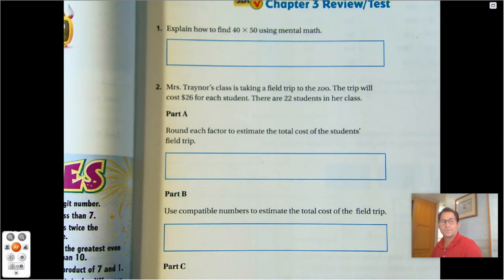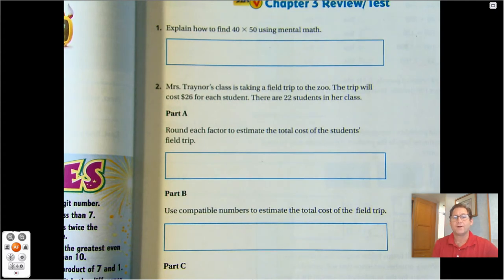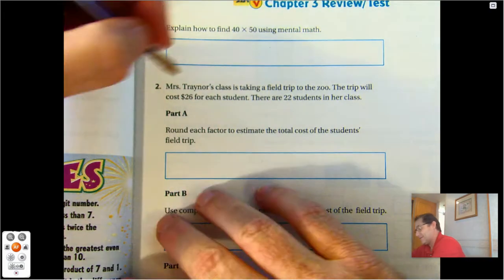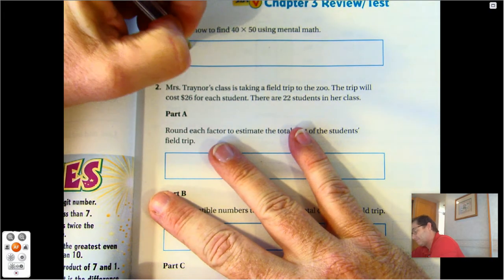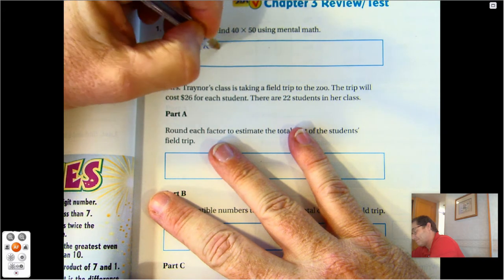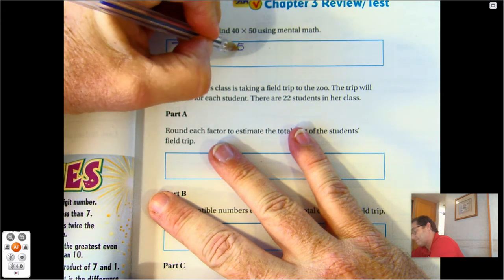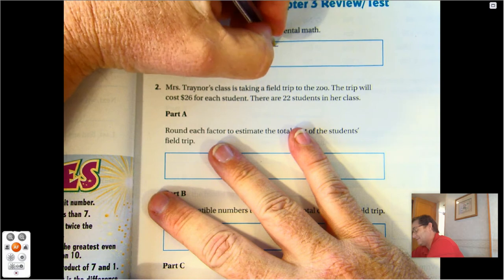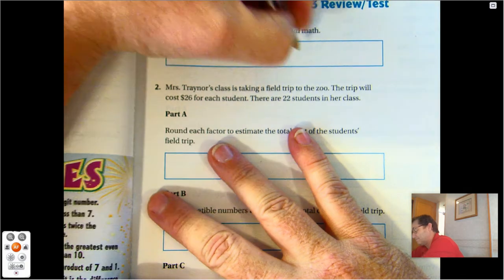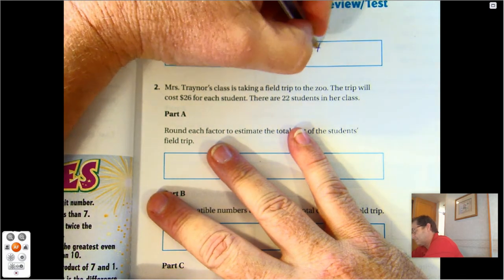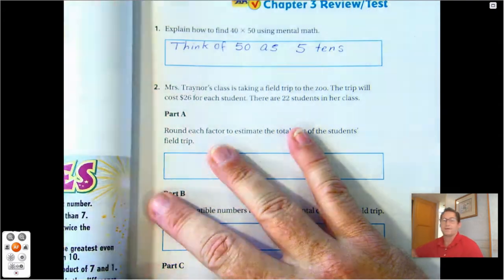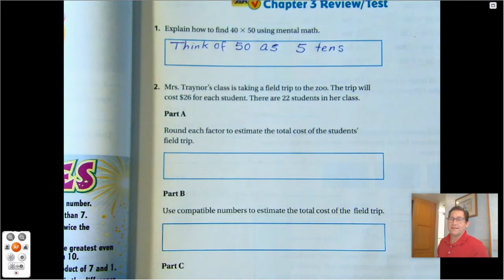Okay, so explain how to find 40 times 50 using mental math. Well, let's think of 50 as 5 tens.